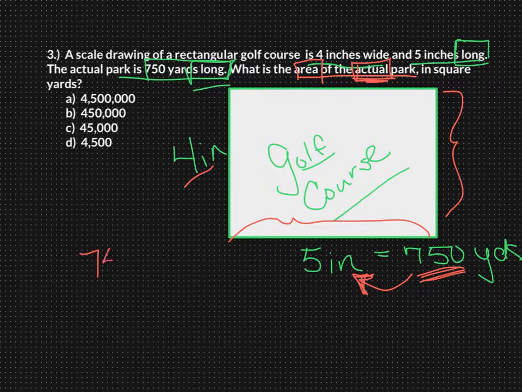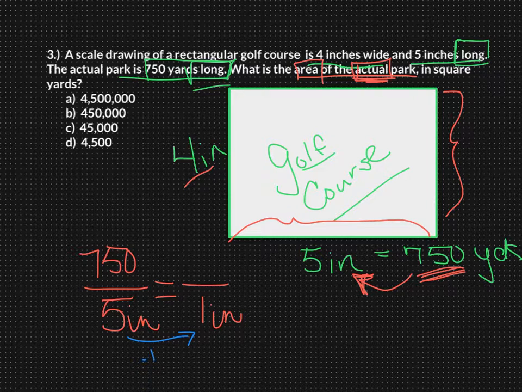So what I mean by that is 750 is to 5. Remember, this is in inches. So I want to know how much 1 inch is for each of these. The real question is, how do I get from 5 to 1? What do I multiply by?